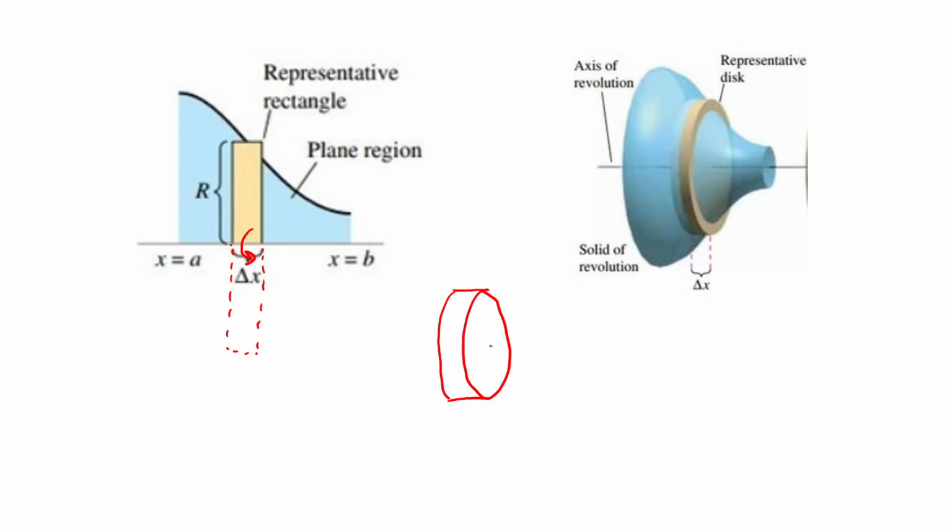And we can figure out the volume of a cylinder because we know that formula. The formula for a cylinder is pi r squared h. Either you learn that in geometry or in this course or wherever. So we need to figure out the radius of this cylinder. Where did it come from? It came from rotating this rectangle. The radius of the cylinder is the height of the rectangle.